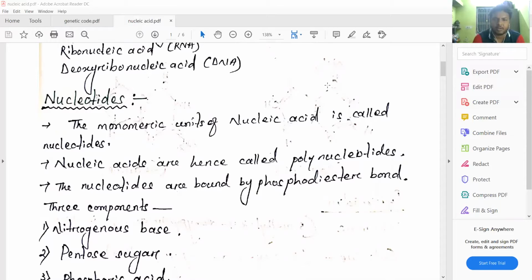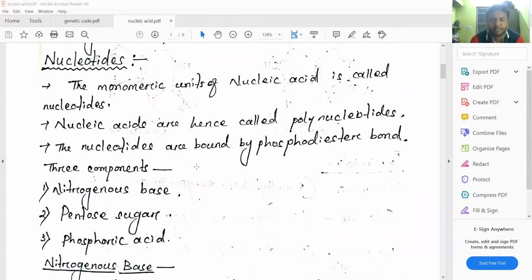Please remember, the phosphodiester bond is present between two adjacent nucleotides in a single strand. Between two nucleotides of different strands, in double-stranded DNA, the bond present is called the hydrogen bond.